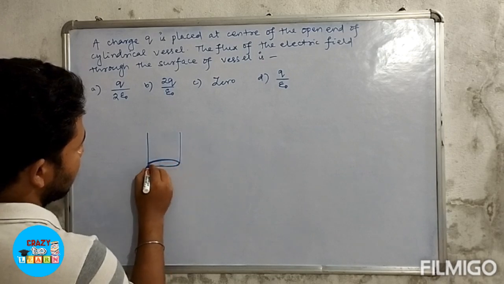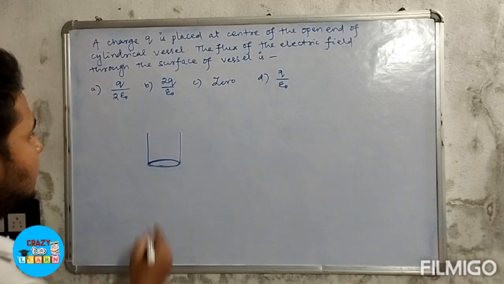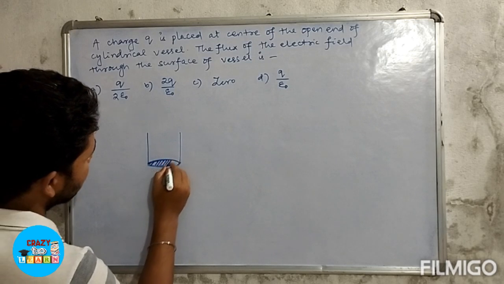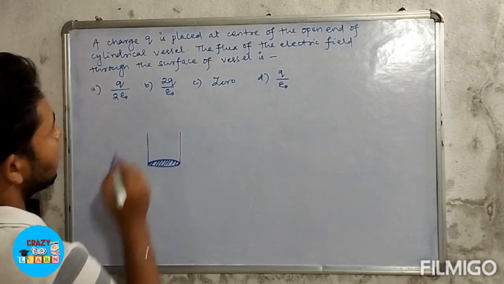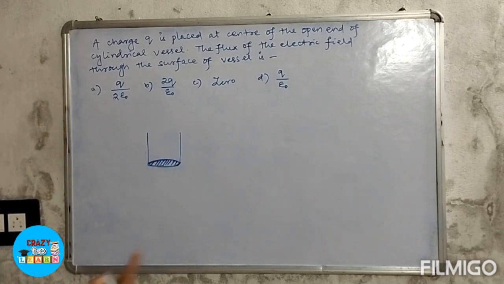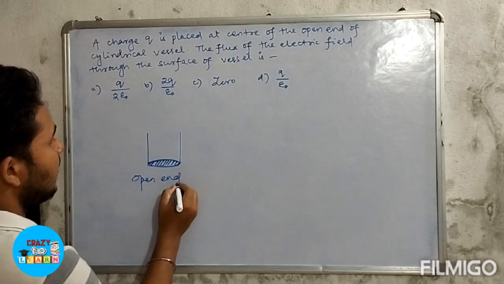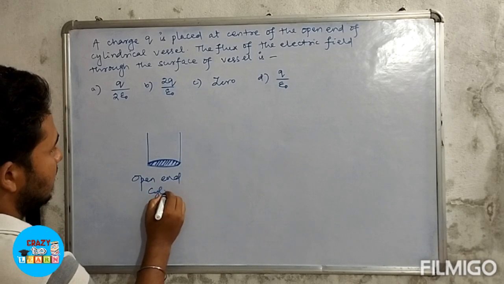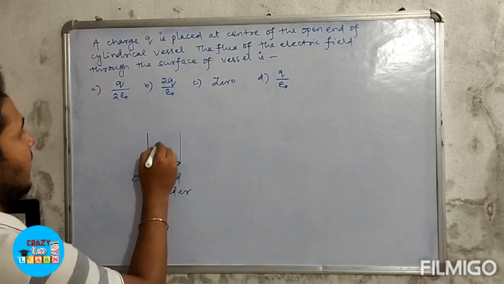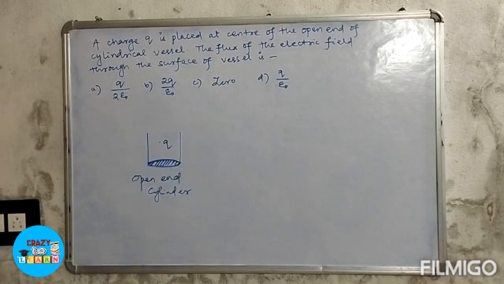That means this is the base, a closed surface, but this surface is open, and charge Q is at the center of the cylinder. Then what is the flux of the electric field through the surface of the vessel? It is asked to you.